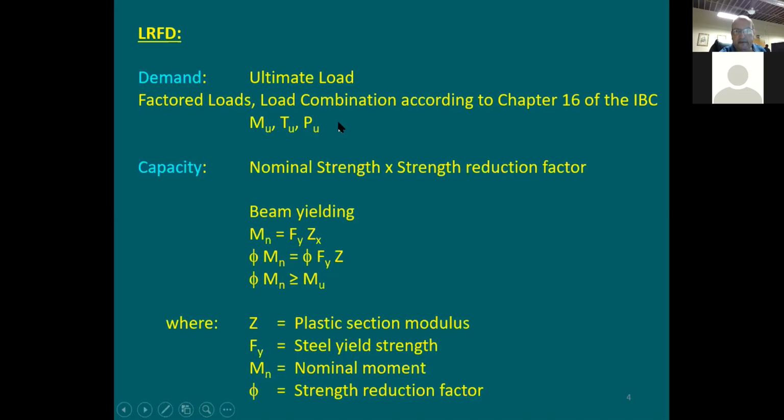So the demand now becomes 140, because I take the 100 service demand and multiply by 1.4. Let's look at what happened to the capacity. I take 200, and the phi factor is 0.9. 0.9 times 200 is going to be 180.